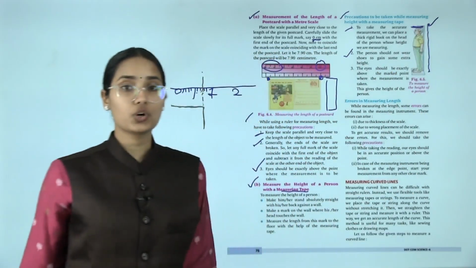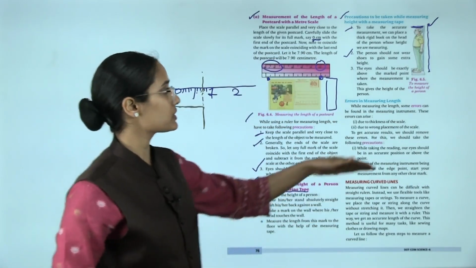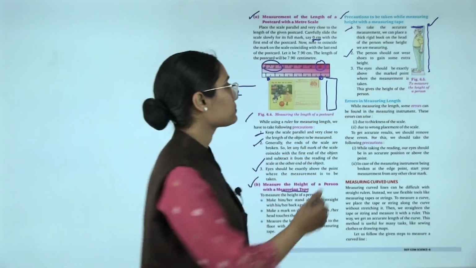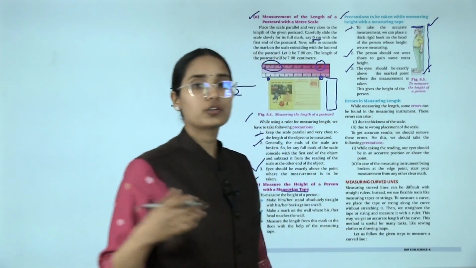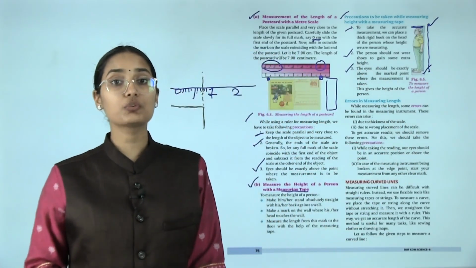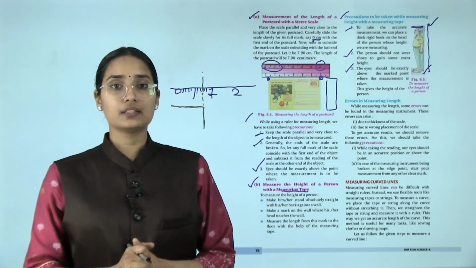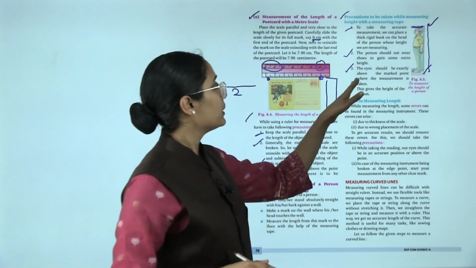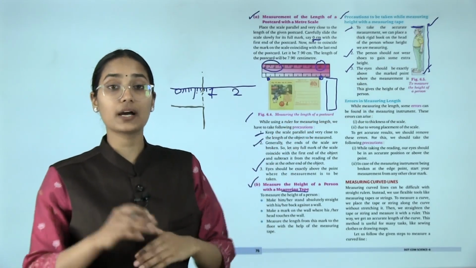The person should not wear shoes to gain some extra height, right. So make sure the person is not wearing anything like chappals or any kind of shoes. The eye should be exactly above the marked point where the measurement is taken. This gives the height of the person.